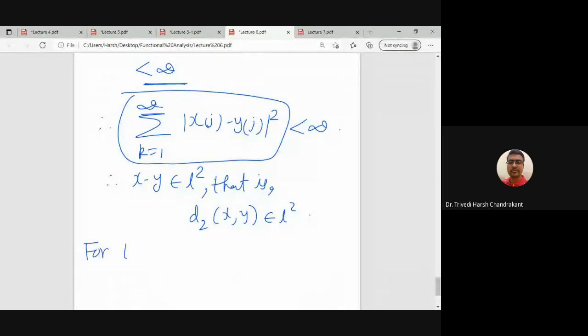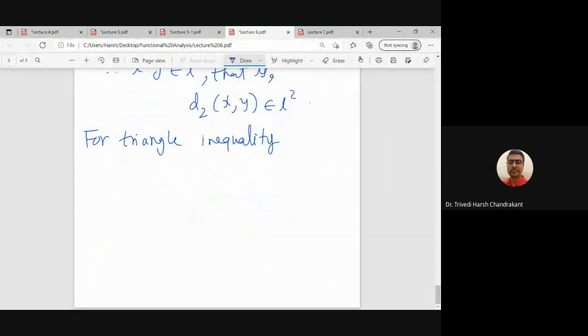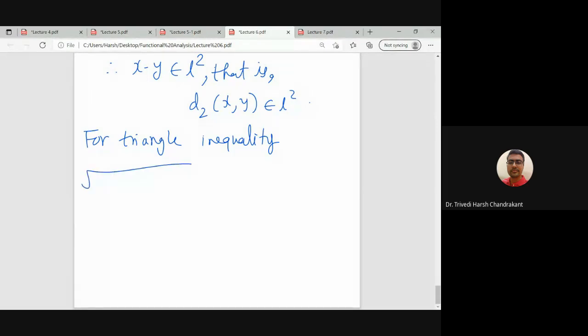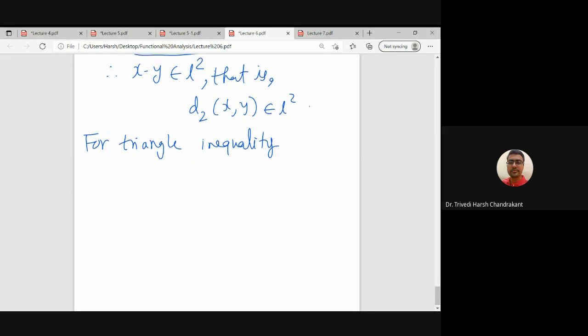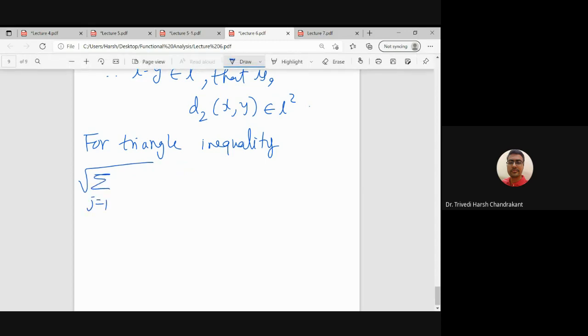Okay, so for the triangle inequality, we start with the left side, that is square root of summation 1 to n.